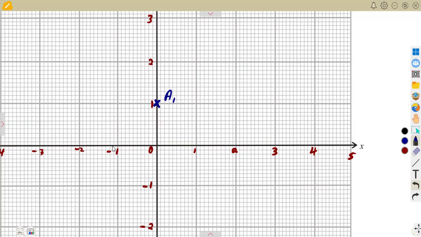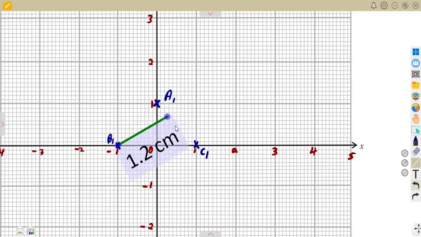B1 was at (-1, 0), somewhere there. This is our point B1. Then the point C1, which is at (1, 0), you mark it there. That's our point C1. These are the points that make up our triangle A1, B1, C1.